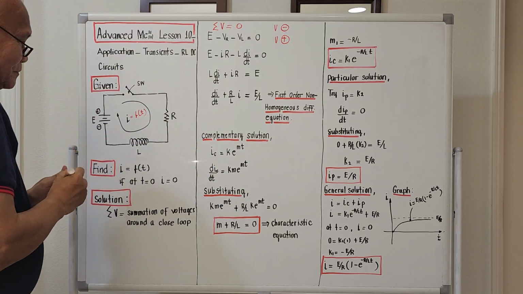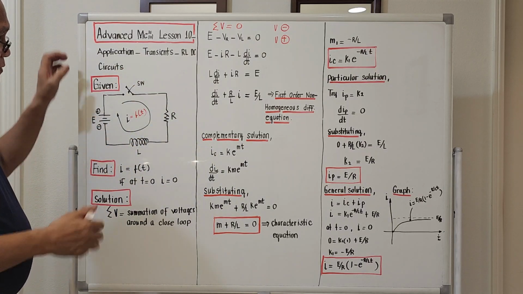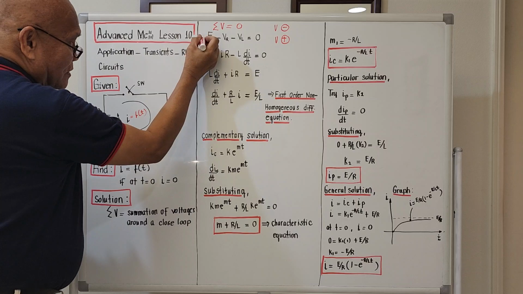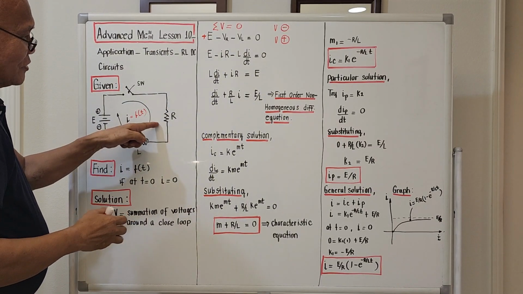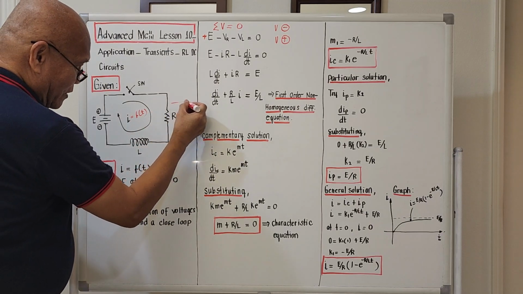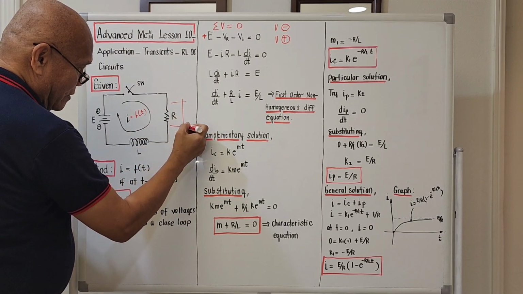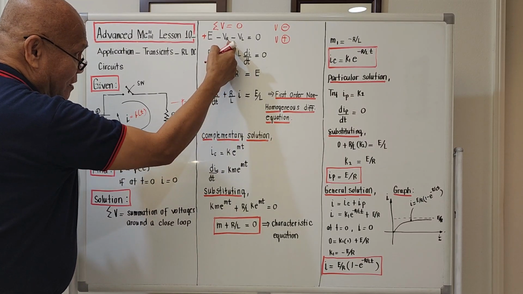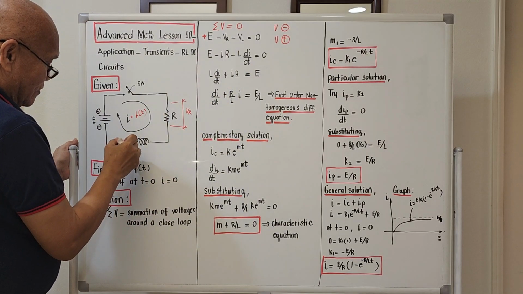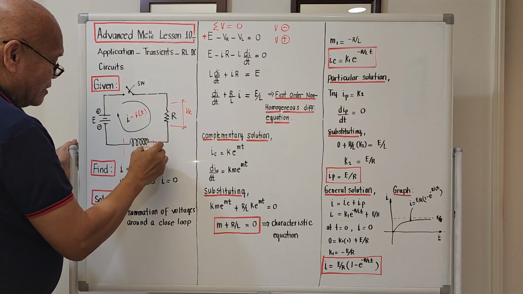So if we take the summation of the voltages here, this is negative to positive, so that will be plus E, minus the voltage drop over here, designated by E sub R, minus the voltage here.